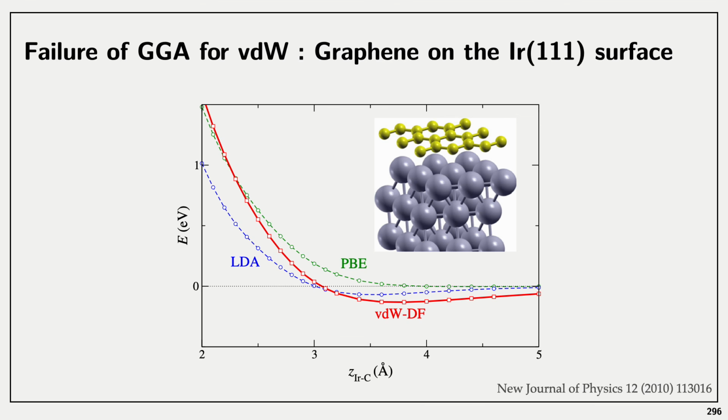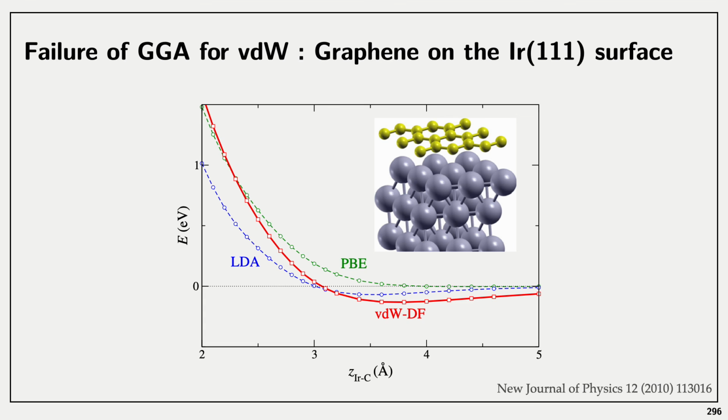The red curve is an example of that. The red curve is basically PBE plus a type of approximation to van der Waals. We will discuss the van der Waals correction much more in a future screencast. But the idea here is that it's possible to improve upon that significant failure of PBE.